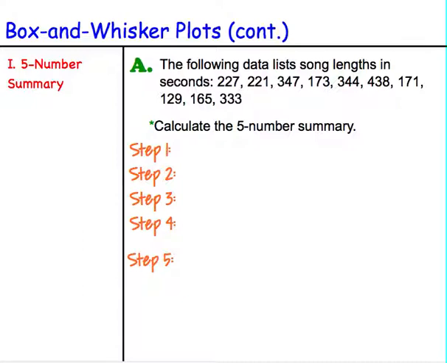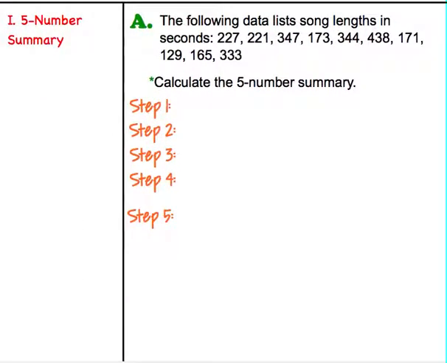I'm going to go through all of the steps first before we actually do them. So we have this list of song lengths in seconds, and we're going to calculate our 5-number summary. Our first step is going to be to list the data in numeric order, which you've been doing for the median, which is great because we're going to have to find the median anyways.